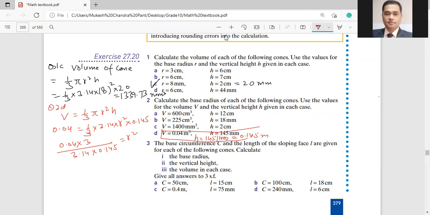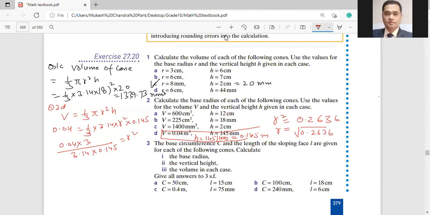I'm getting r square equals, if I write this up to 4 places, 0.2636. Why 4 places? Because later I have to round it up to 2 places. That's why, because this is the value of r square, not r.